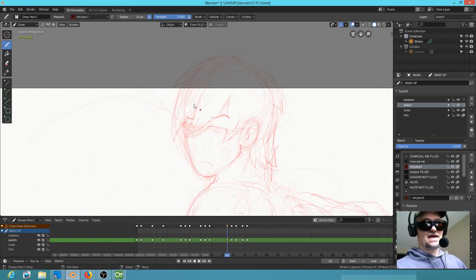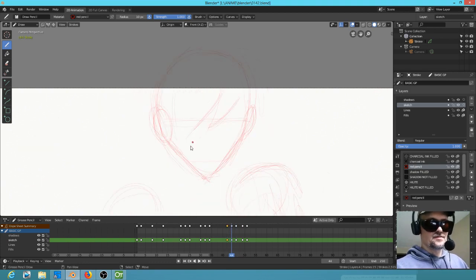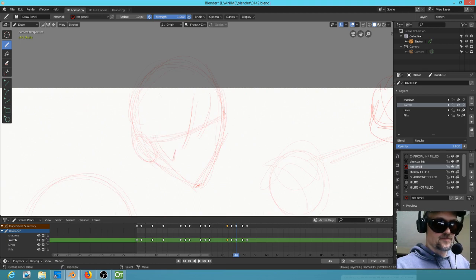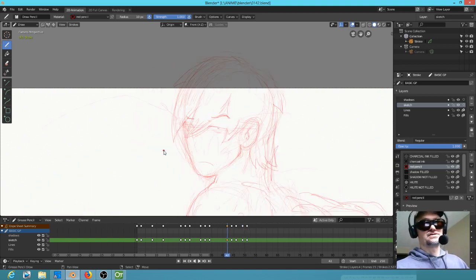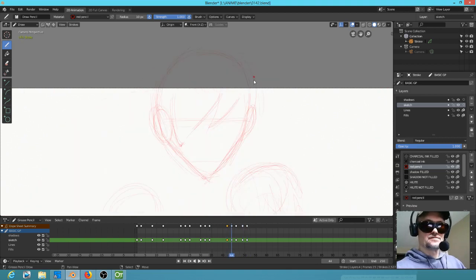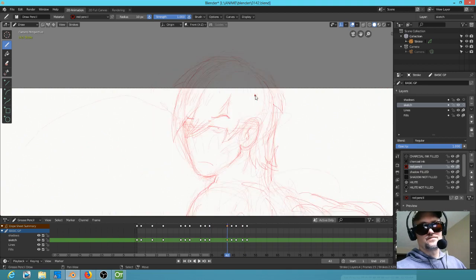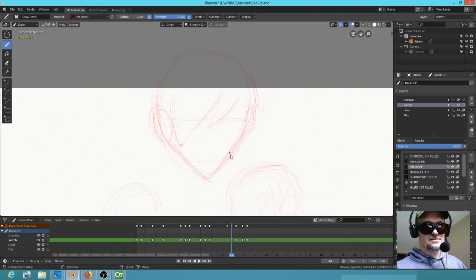It's interesting that you put those landmarks in there, like that little indicator right there, and it's amazing how much you can see your character in the sketch just because of those little landmarks. I call them landmarks. Maybe there's a proper term for that. I don't know.